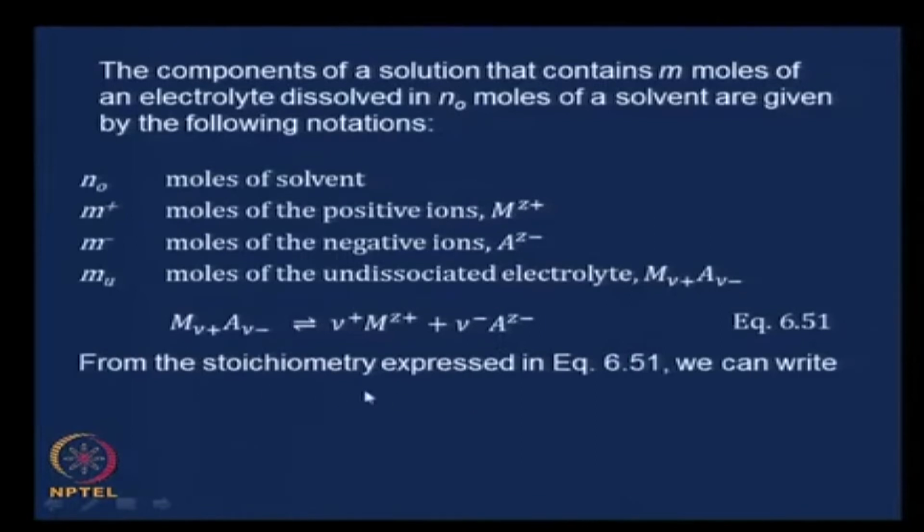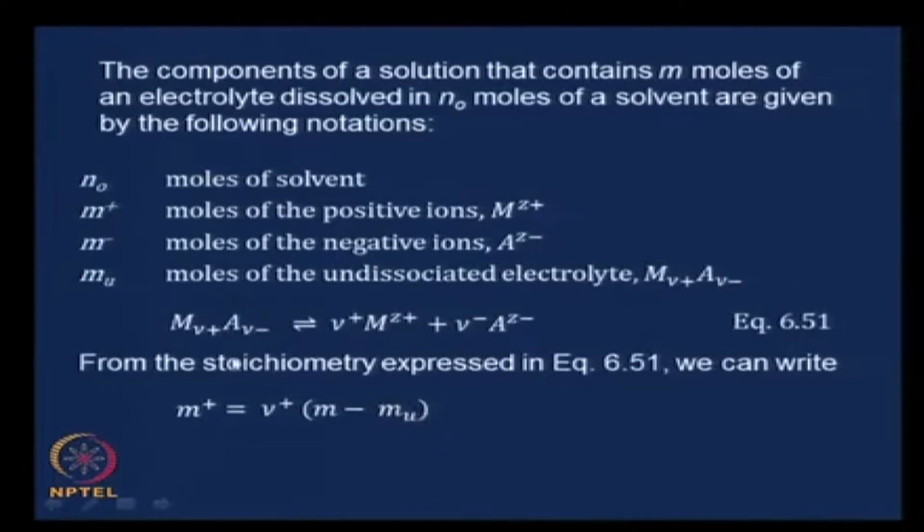Now from the stoichiometry as given here, it is quite easy to see that the number of moles of positive ion as represented by M plus is nothing but nu plus times m minus Mu, because 1 mole of the electrolyte results in nu plus moles of the positive ion, m is the total number of moles of the electrolyte, and Mu is the moles of the undissociated electrolyte.